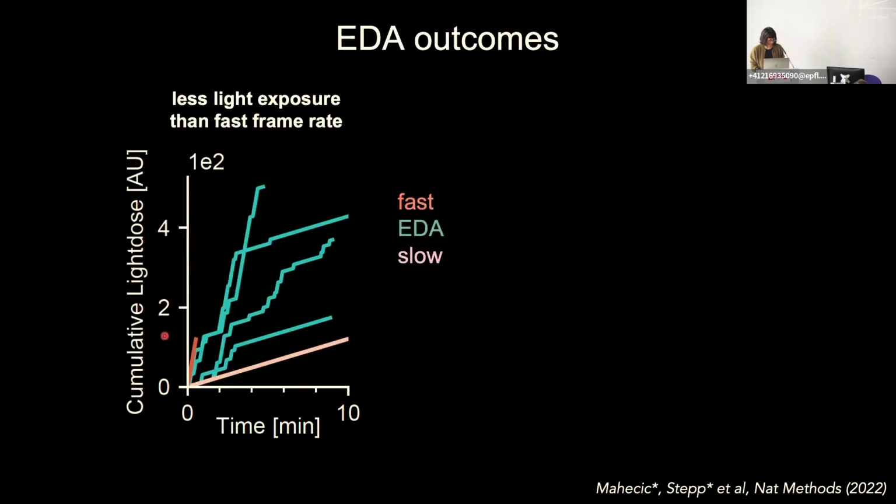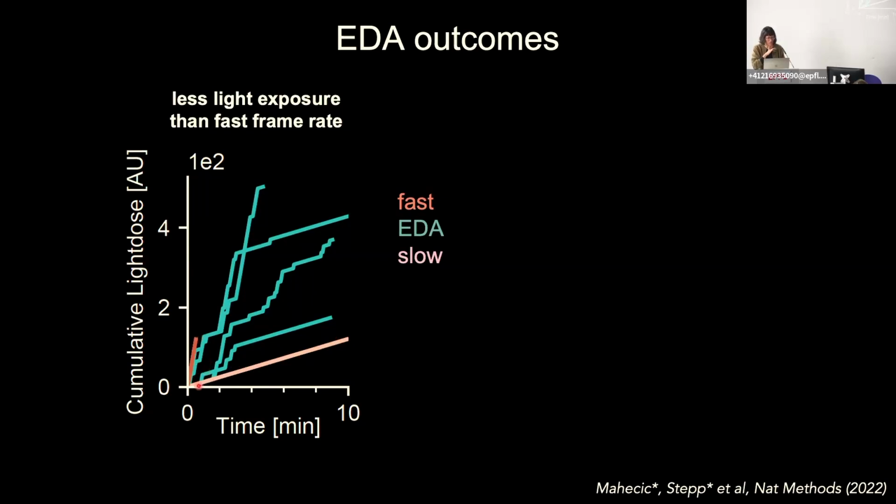So the way that we think about this in terms of phototoxicity and sample health and perturbation is that if we're imaging at a slow rate, we accumulate light dose at a fixed but slow rate, but we're less likely to capture the events of interest. And if we capture at a fixed fast frame rate, then we accumulate light dose and photo damage much more rapidly.